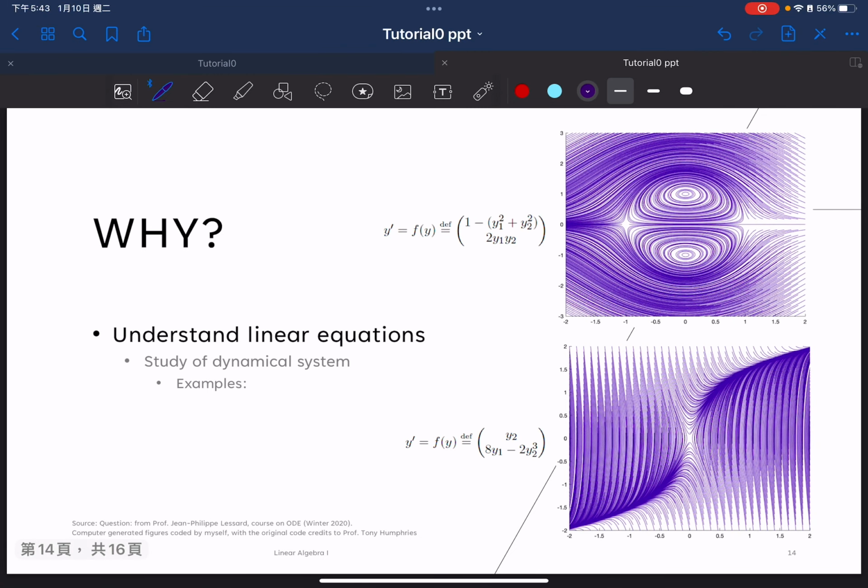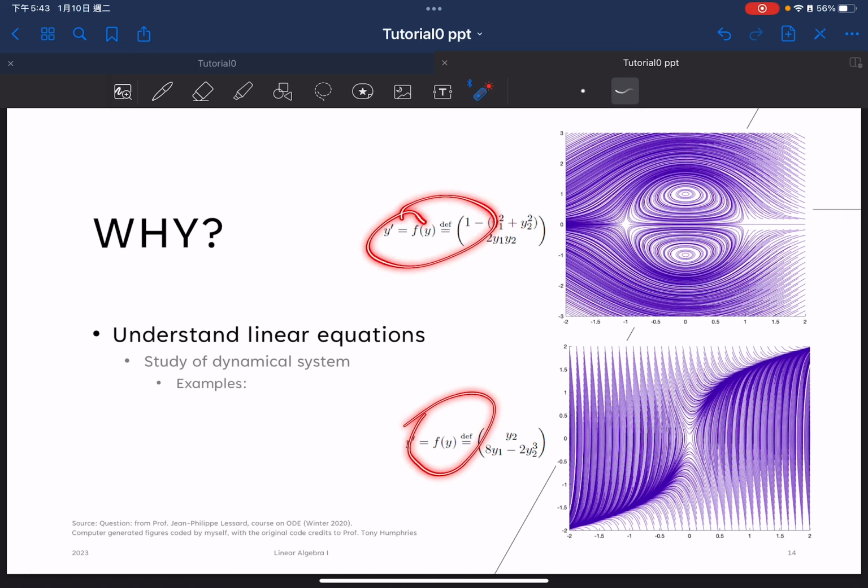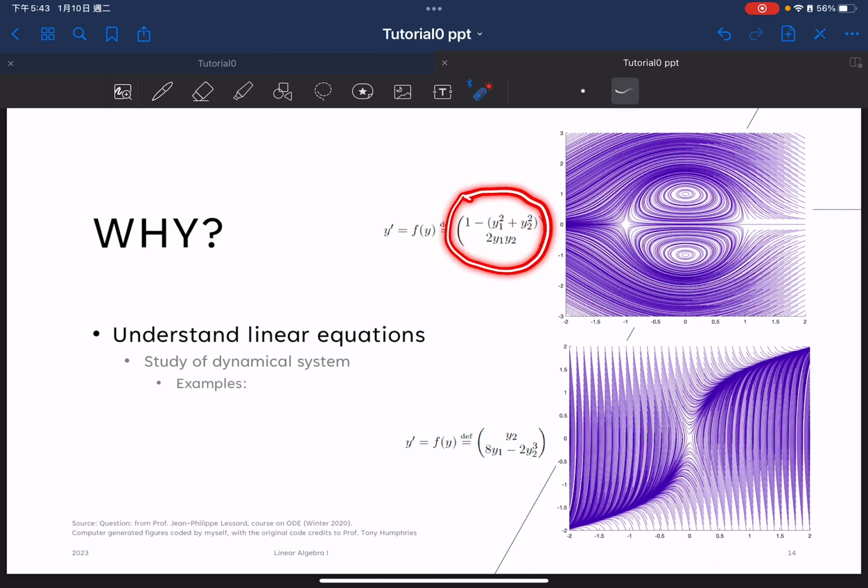So let me give you two examples. These are just garbage. Okay, I mean those are really good examples, but it doesn't look anything familiar to you right now. Okay, so just look at these figures. We have these kind of complicated equations. They are not very easy to understand, but what linear algebra can tell you is this.